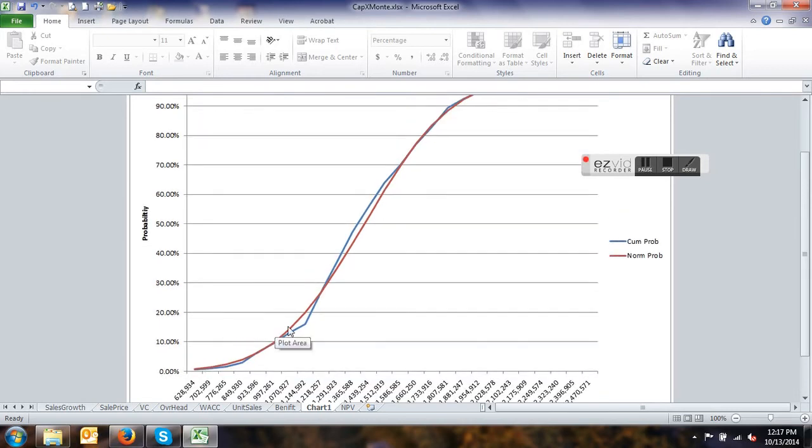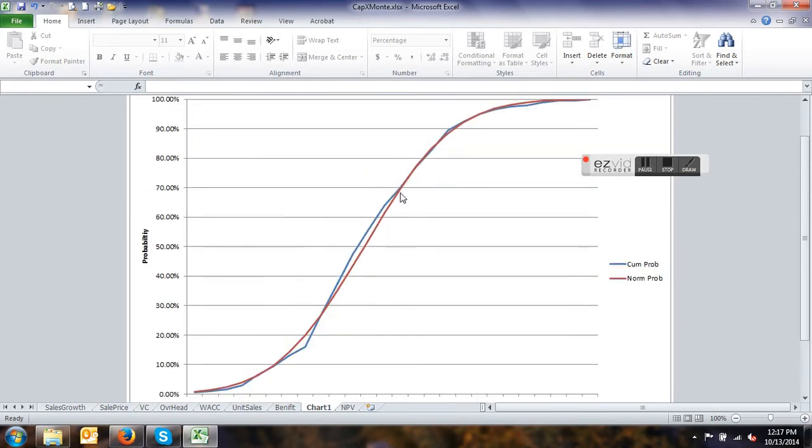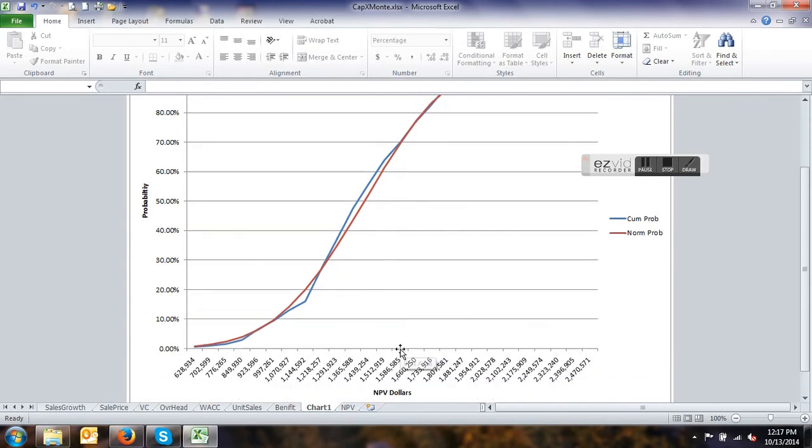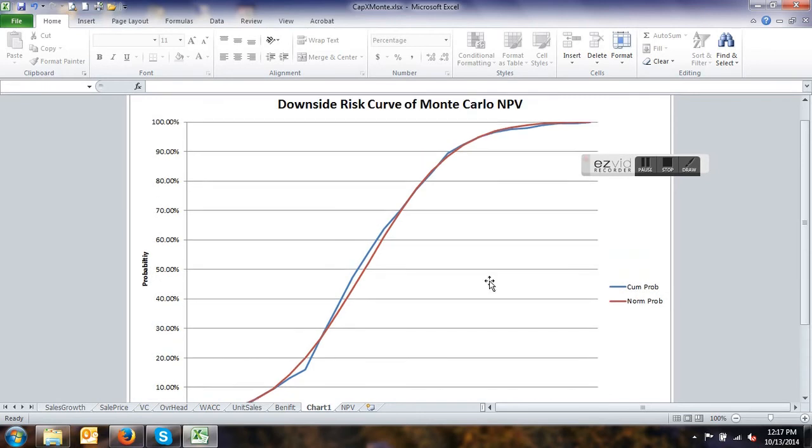There's also a 70% probability that the NPV of the project is going to be, there's a 30% probability of the NPV project being over about 1.5 million. So, that's the way I would like to see the interpretations.